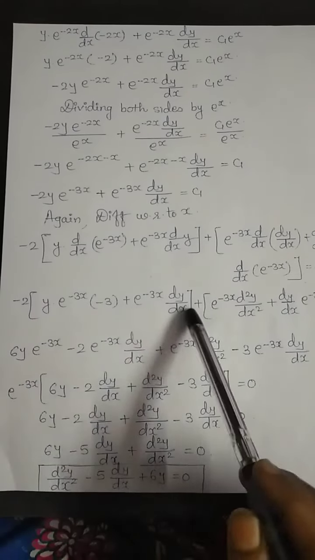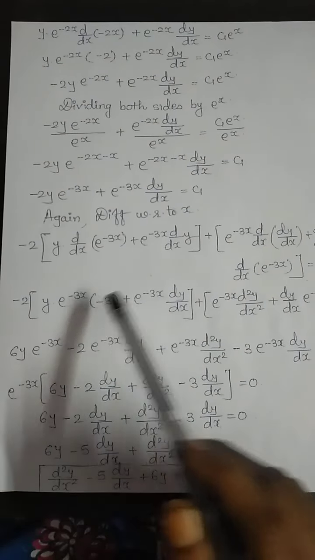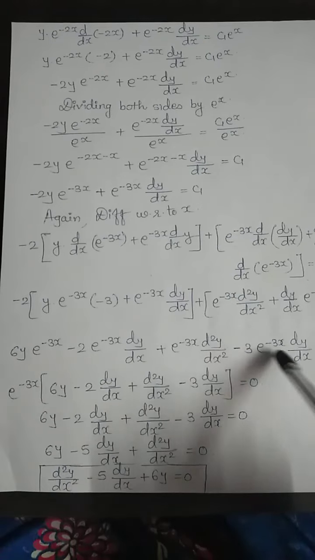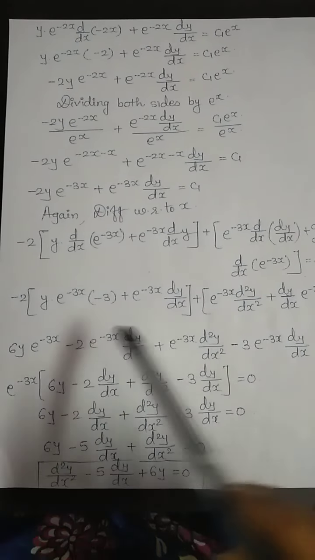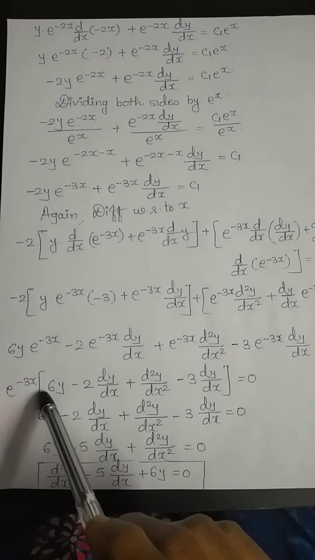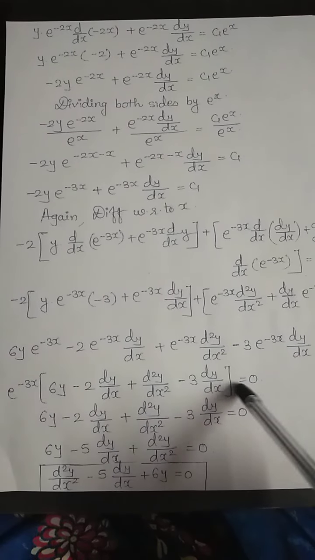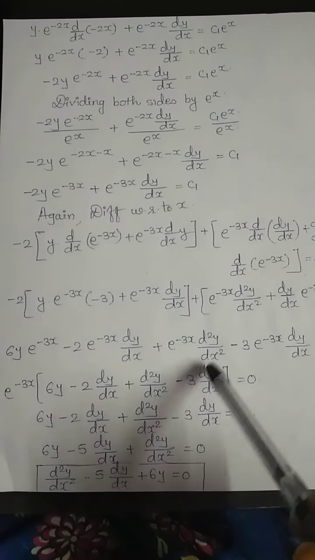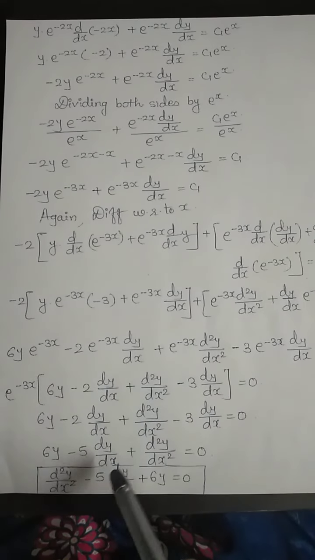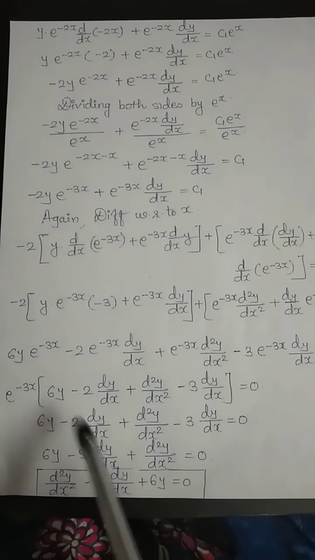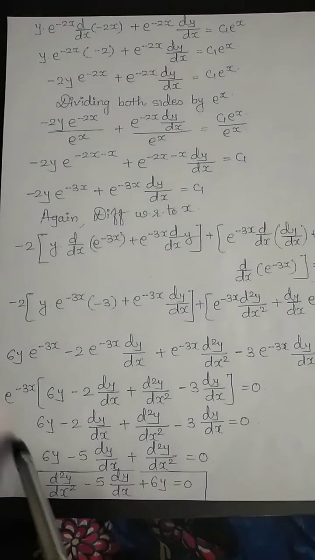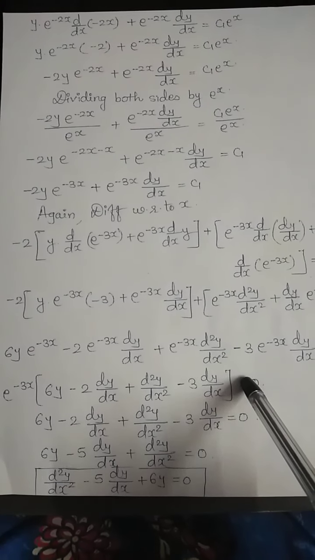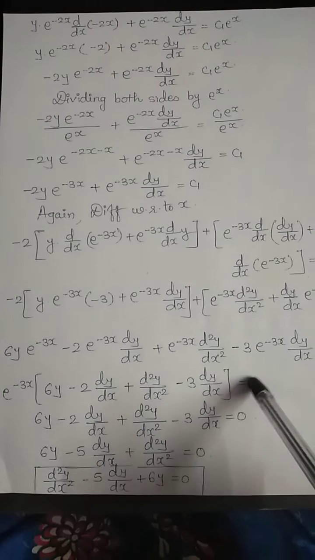We are going to multiply the bracket term by minus 2, and after opening the bracket we will get this term. Now here we can take e raised to minus 3x common and the remaining terms will be this. Now minus 2 dy by dx and minus 3 dy by dx together we can write as minus 5 dy by dx. And this e raised to minus 3x term will be 0 if we shift that term to the right hand side.